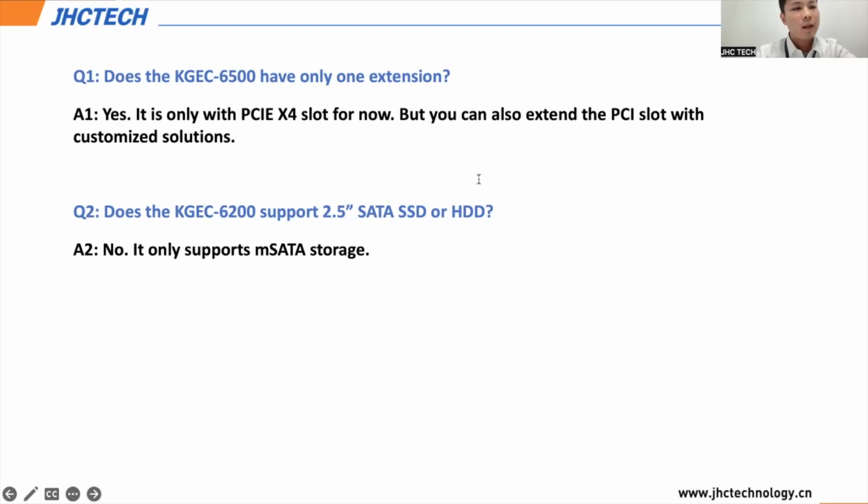The CFast card is a very old product, so none of our products now support CFast cards. How to change mSATA? Can it be done? Yes. If you want to change mSATA storage, it's very easy for our customers.